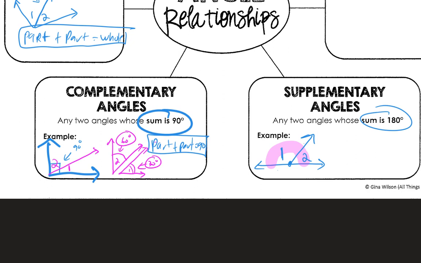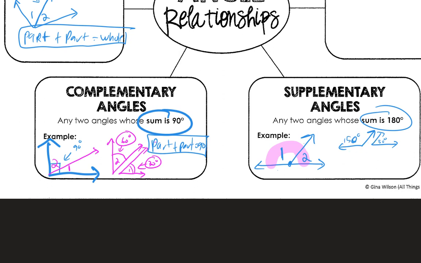Now, similarly, if I had them separate, say I had one like that, and say I had one like that, if this one was 150 degrees, then we would say that that added up to 180.